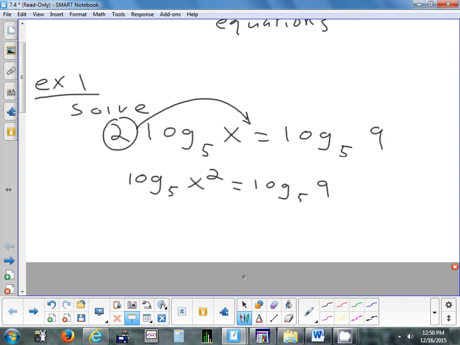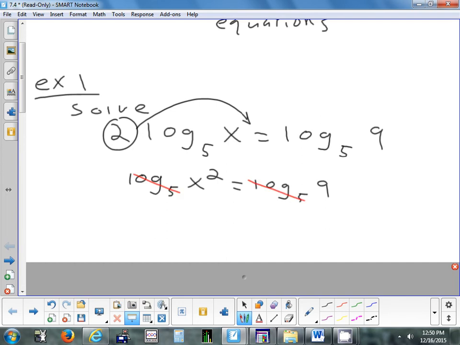What already matches on the left and on the right? The base 5 and what's attached to that, the word log. Those two things already match. It's not that they cancel out, but since they already match, I don't need to focus on that. I need to focus on what doesn't match.